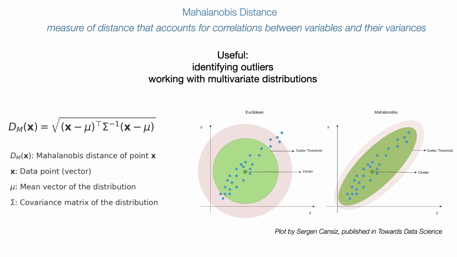And I think this is just to show visually, compared to a more typical Euclidean distance, the Mahalanobis distance will be able to account for the correlation between two variables. Here I have x and y, so it will have effectively, in this case, a more elliptical outlier threshold that allows you to not consider some of these points as outliers.